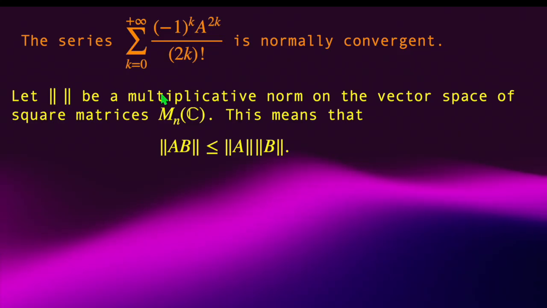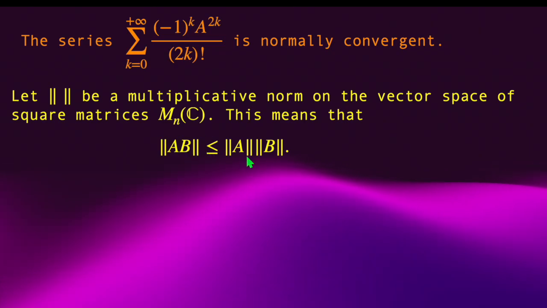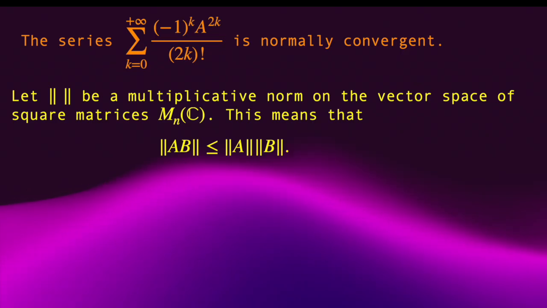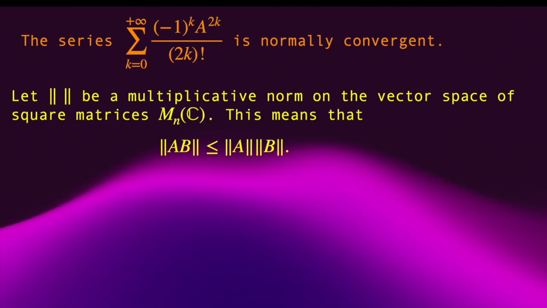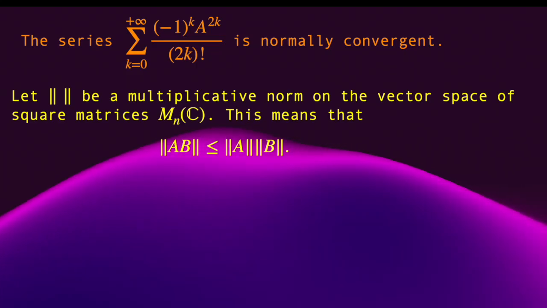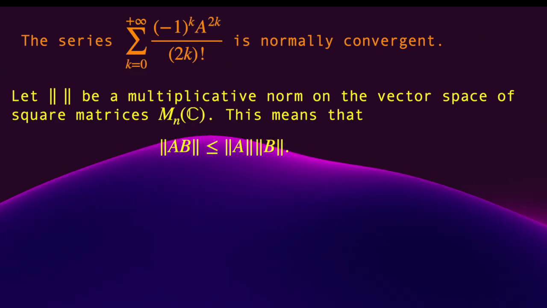A multiplicative norm means that the norm of AB is less or equal to the norm of A times the norm of B. Such norms exist, there are many such norms, and actually all the norms in M n C are equivalent, so we can work with any of them.